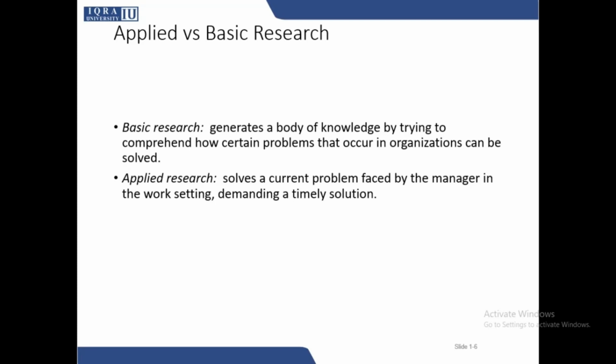So, applied research is implemented in areas where there is a need for timely solutions, where a sudden problem has occurred and you have to find a solution for that. As compared to applied, basic research is done for improvement, for enhancing our knowledge, and for the improvement of industries and organizations. So this is the major difference between basic and applied.